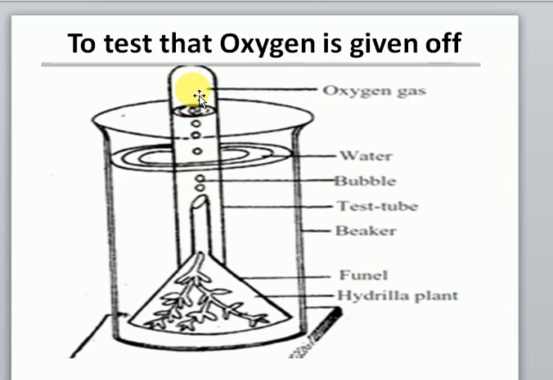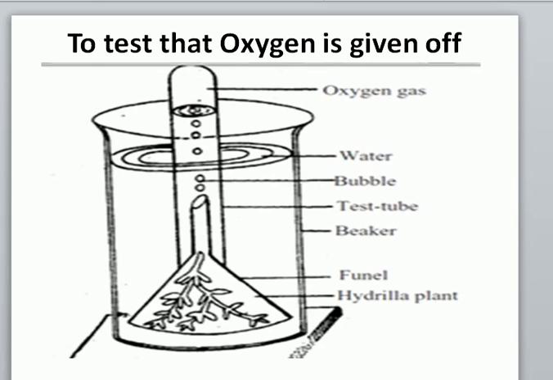So we take this glass and take it out to be sure whether the bubble coming out is any other gas other than oxygen. When this glass is taken and a glowing splint is put into it, if it is oxygen, it will rekindle. That establishes the fact that oxygen is given off as a waste product during photosynthesis.